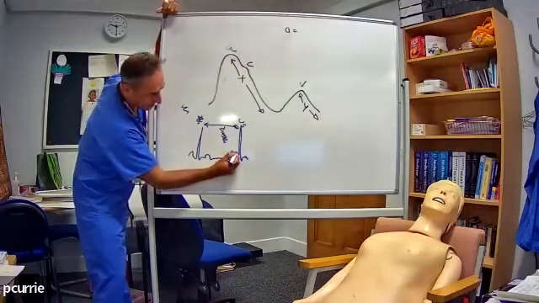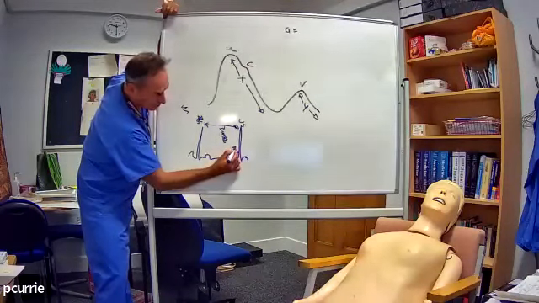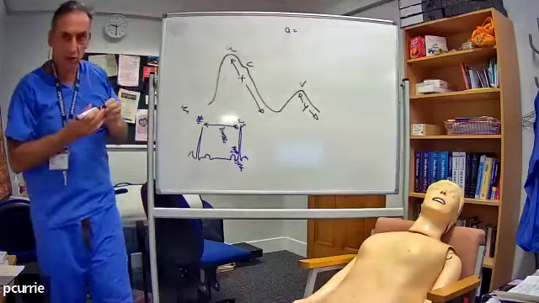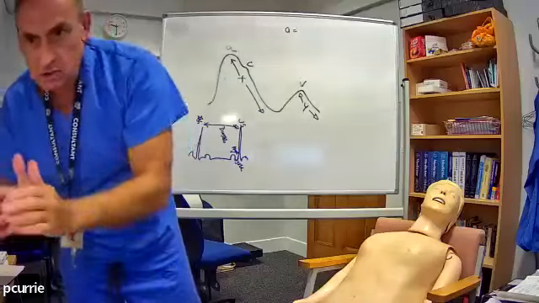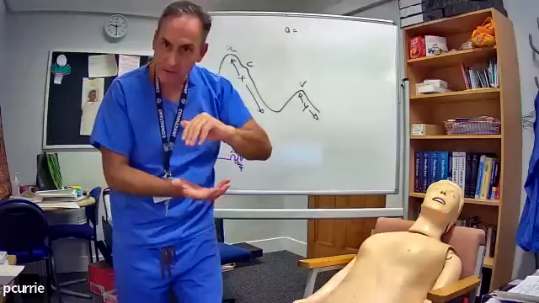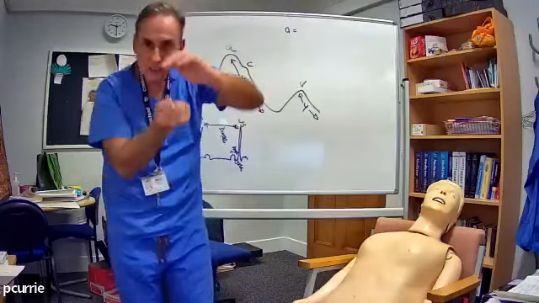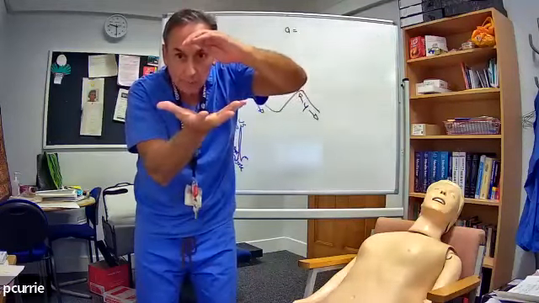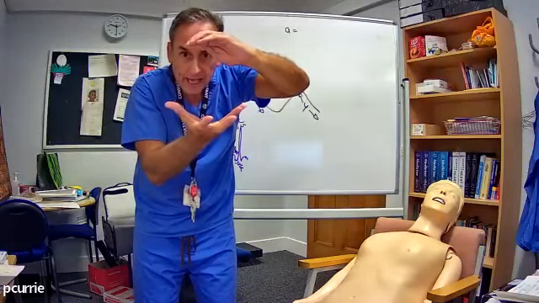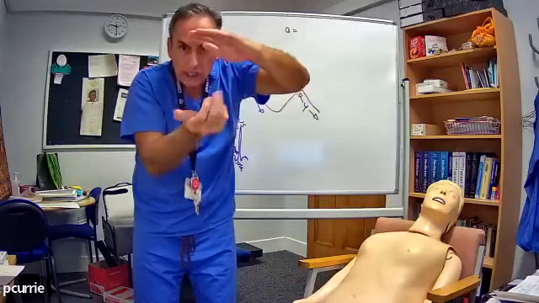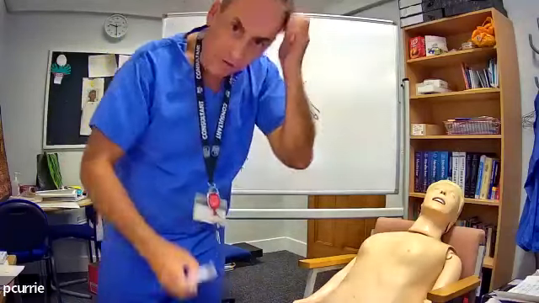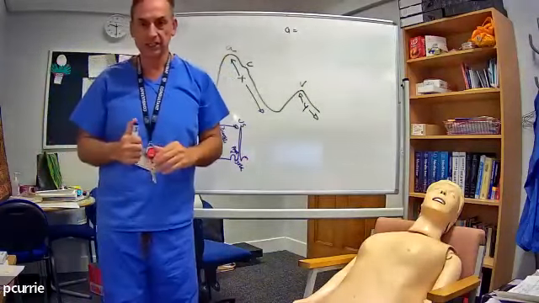And we see the P wave, which heralds atrial systole. So atrial systole happens right at the end of ventricular diastole and just before the ventricle contracts. The ventricle in diastole will suck blood in, and so the atria contract immediately before ventricular contraction.